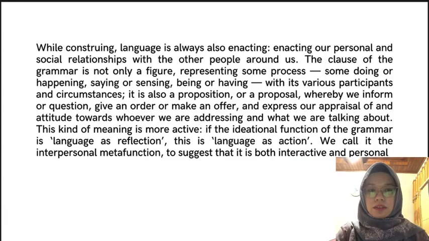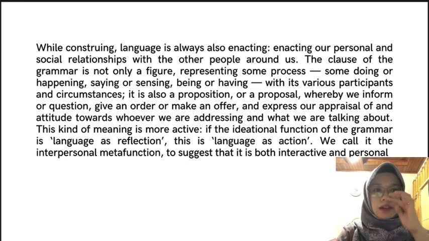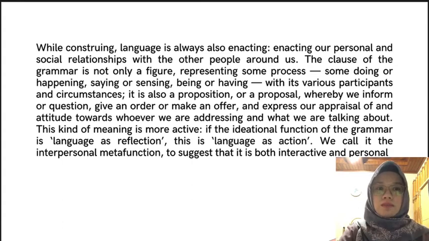In the next slide, while construing experience, language is always also enacting our personal and social relationships with the other people around us. The clause of the grammar is not only a figure representing some process, some doing or happening, saying or sensing, being or having, with its various participants and circumstances.